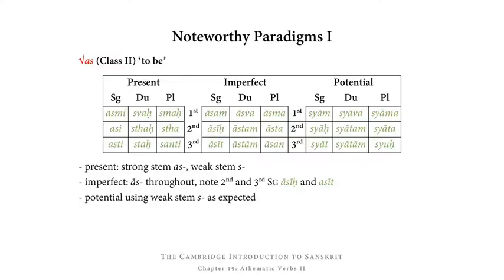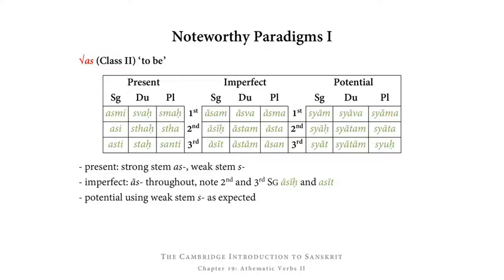Next, in the imperfect, we have the stem as throughout, consisting of the augment a and our stem as. We might expect this stem to be as in the strong forms and as in the weak forms in dual and plural, but it's as throughout. Also, in the imperfect, we need to note that the second and third singular forms are asich and asit.